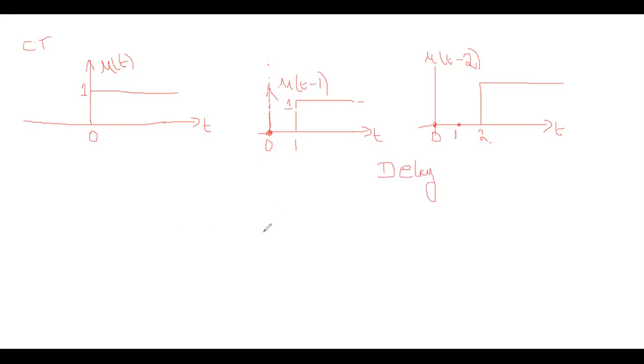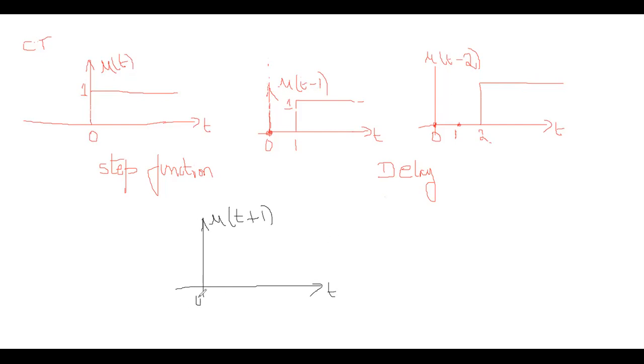And what are advanced functions? Taking the same step function as reference, now I am taking the advanced function. The advanced signal is denoted as mu of t plus 1, t plus 1 with the samples of t. I am saying it is advanced.